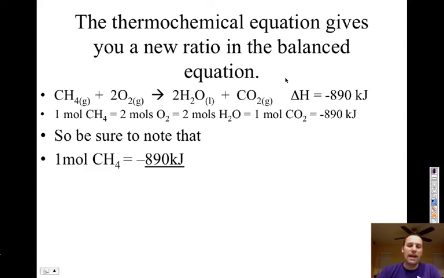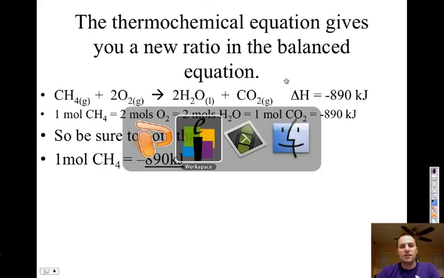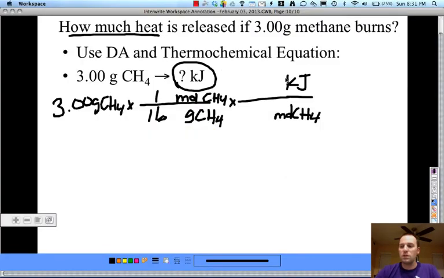We can now relate any coefficient in the balanced equation to the amount of heat for any substance. So we discovered that 1 mole is equal to negative 890 kilojoules. Make sure you keep that negative on there. If it was on the product side, you have to put a negative. If it's on the reactant side, then it would be a positive number.